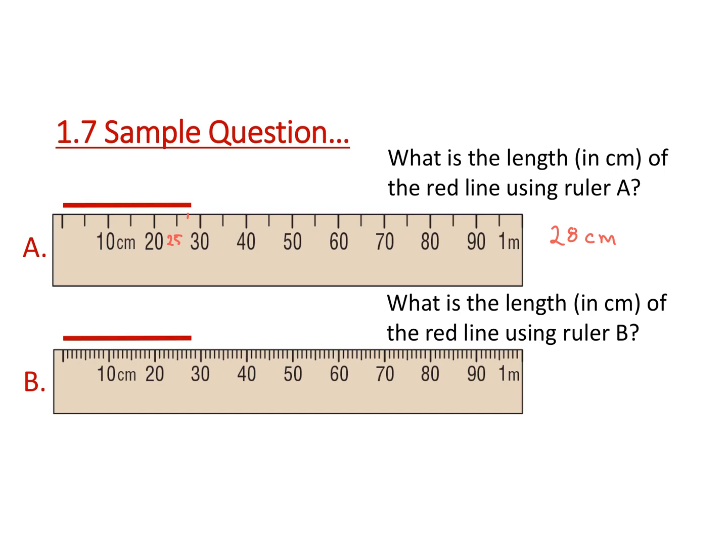For the next one, we have markings every centimeter. So I can say, okay, here's 25, 26, 27, 28. And if I look across, maybe I'm just beyond that. So I could say I have 28.1 centimeters. We can say that measurement because we have a marking every centimeter, so we can go 1 decimal place beyond that.